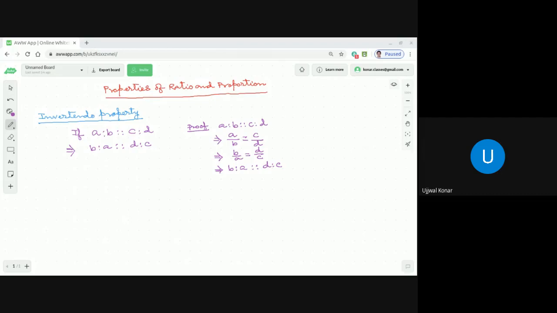Now, the next property we are going to discuss is called the alternendo property.